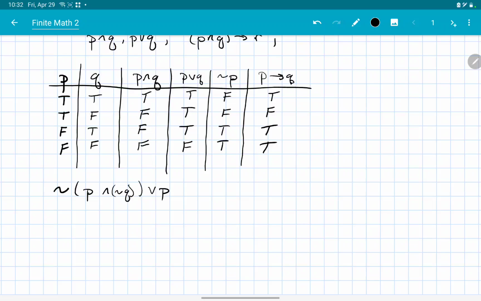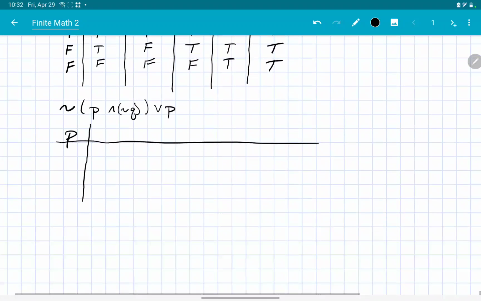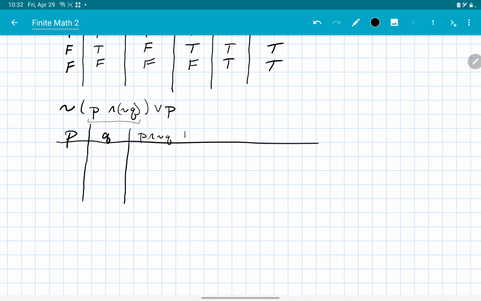So this is going to be very hard to parse, and the way you deal with these complicated ones is you break them into their constituent parts, construct the truth tables for them, and then finally put it all together in the end. So we're going to make a truth table. We're going to look at P and not Q, because that's one of the things inside here. Then we'll look at not P and not Q, just so that we are looking at the right thing.